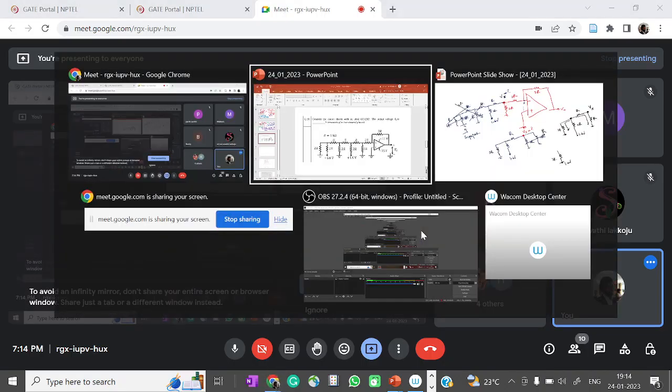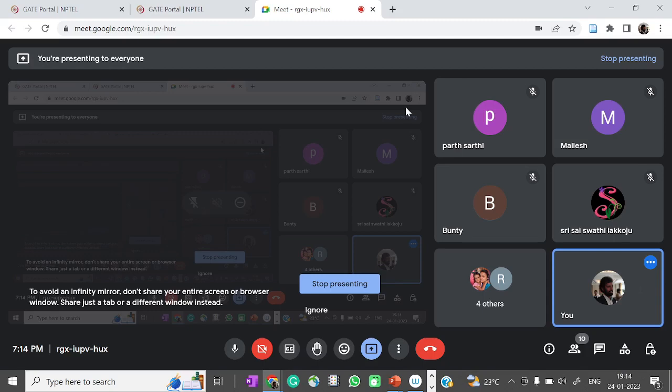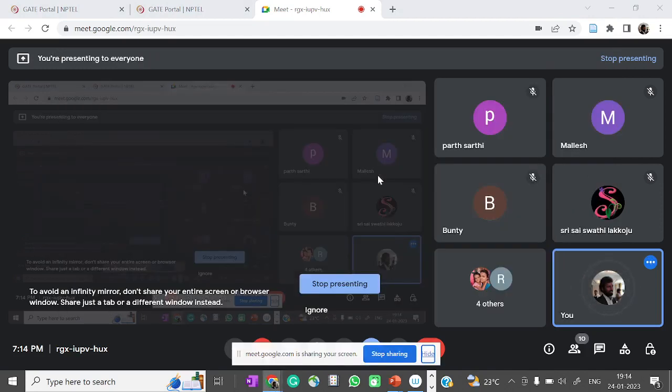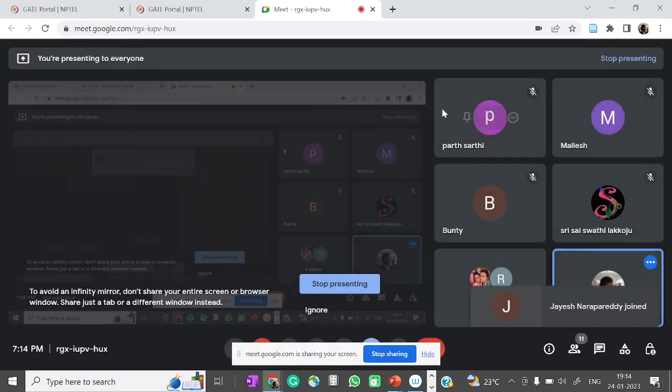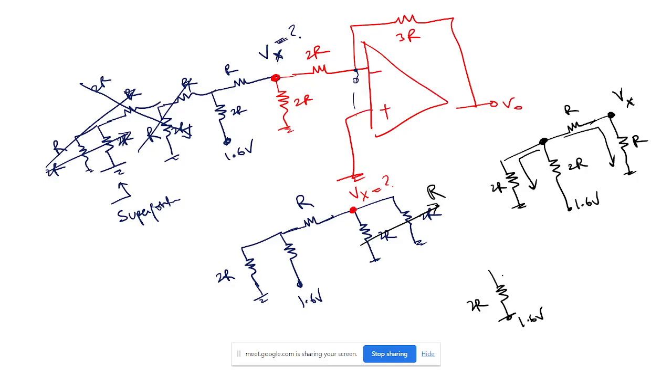Okay, fine. If I combine these two, this is 2R, this branch is also 2R, so it is effectively R. Now you will find the voltage across this node.